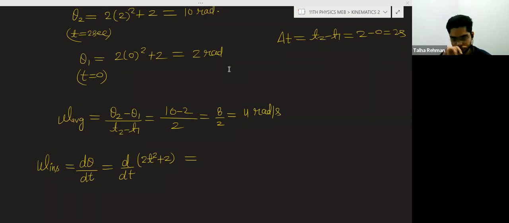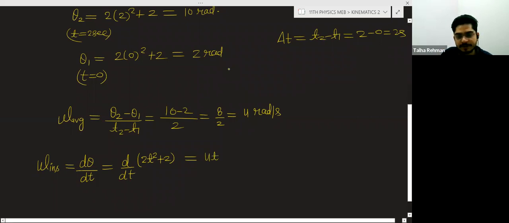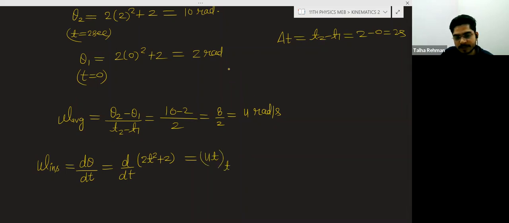Okay. So differentiation of 2t square will become 4t, and differentiation of 2 will be 0. And here you will put t equal to 2. So basically you will get 4 into 2, 8 radian per second.